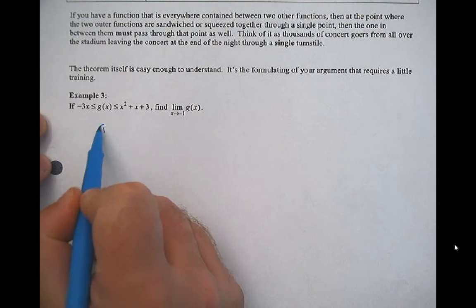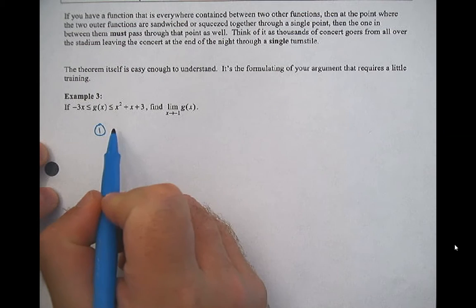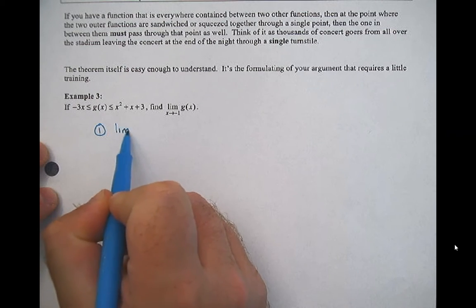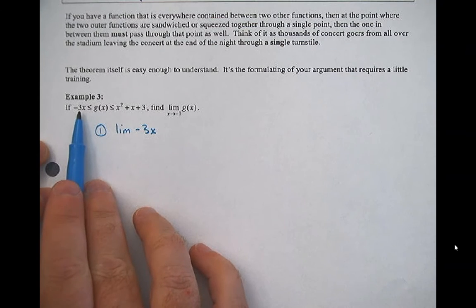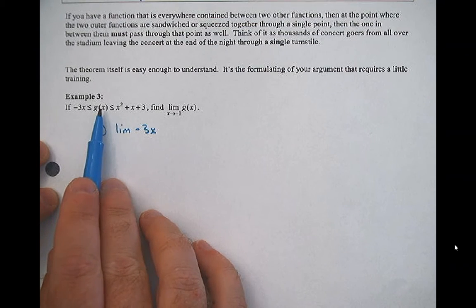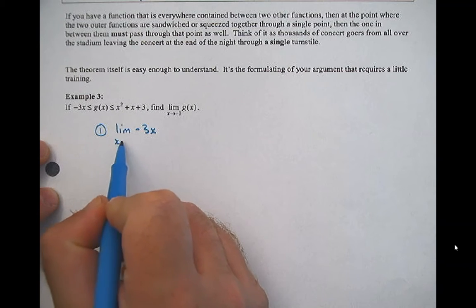So number one, I like the way I wrote it up in the homework, so I'm going to go grab the homework. Number one, I'm going to find the limit of one end of my functions that are squeezing the other function. So I'm going to find the limit of negative 3x as x approaches negative 1.